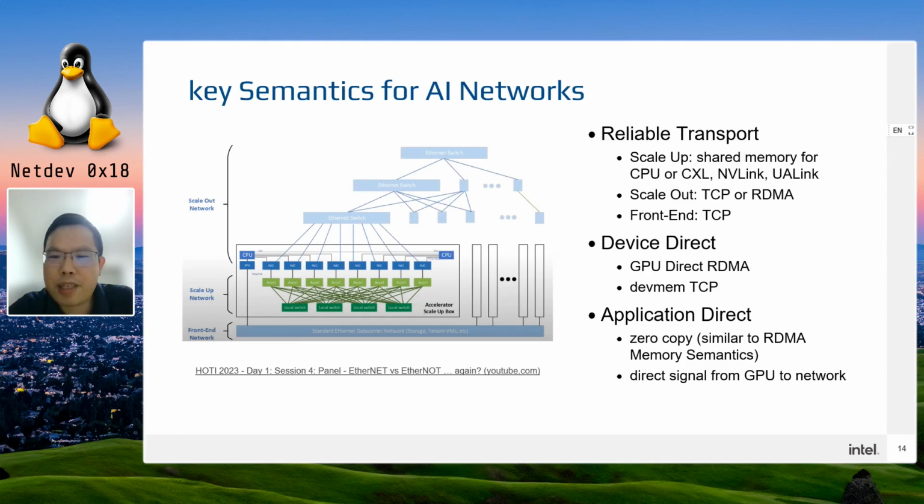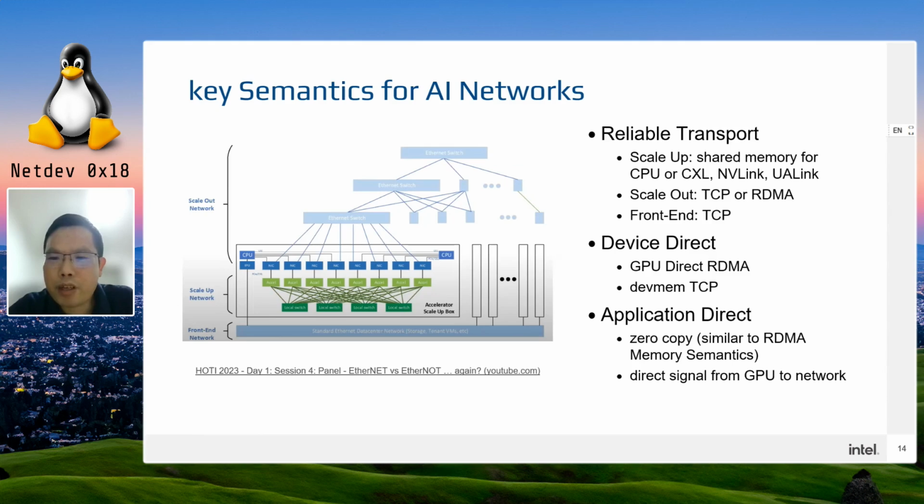For TCP, we call it zero copy, which the Meta folks just shared in the zero copy session, and it also applies here. For RDMA, people mostly call it the memory semantic.